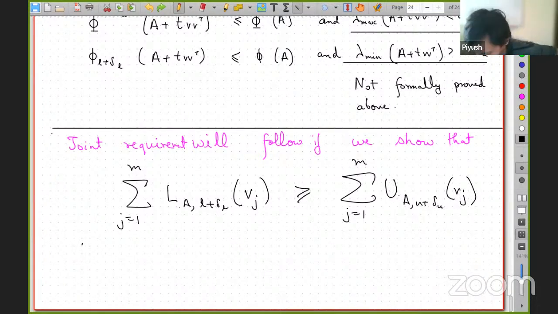If you look at U minus V, the average is negative, so there's at least one vector which keeps this, and you just choose that vector.